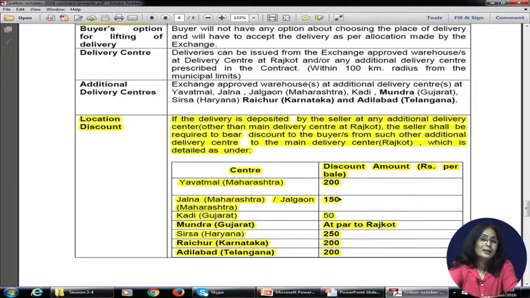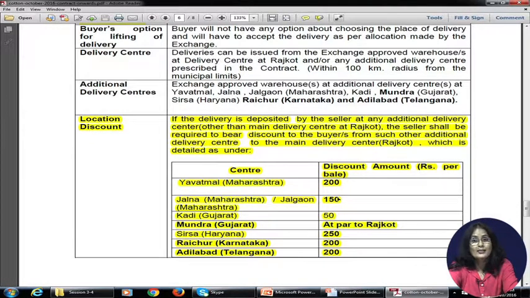They will be getting less because the buyer of the commodity will be incurring certain expenses for transferring goods from these warehouses to Rajkot warehouses.